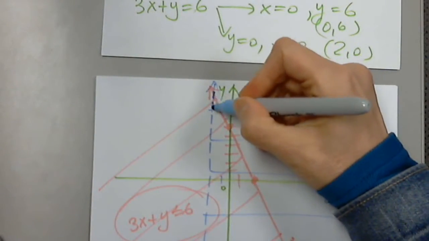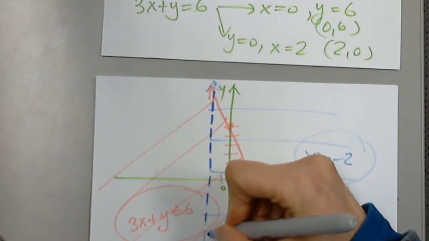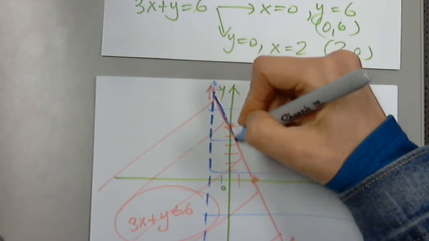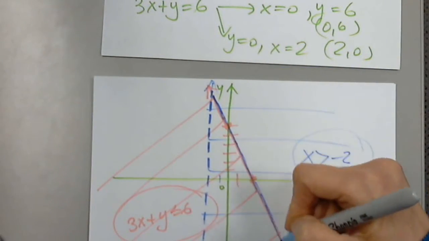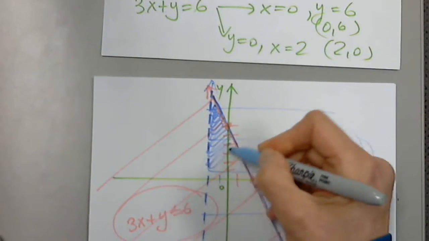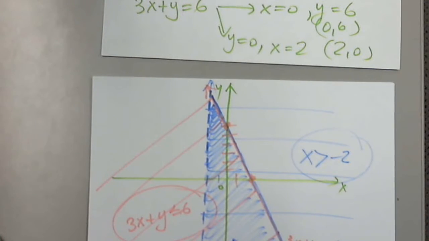So not points on the vertical line, not. Very, very close to them, but not. Everything on this, all points on this line, yes. And everything in between. This is the first 2 inequalities.